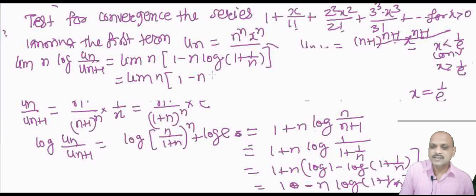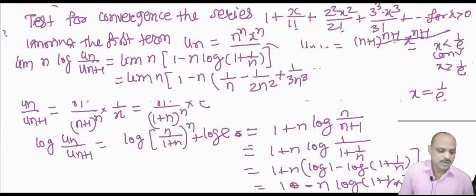Apply the logarithmic series: 1 by n minus 1 divided by 2n square plus 1 divided by 3n cube minus, like this, infinite terms.